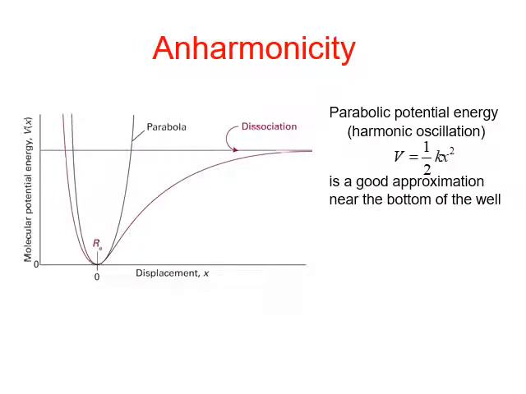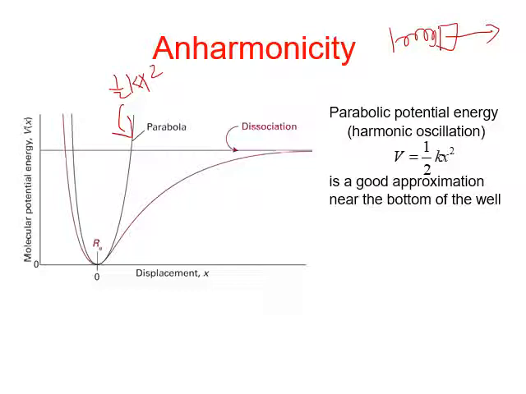So far we discussed chemical bond vibration under the harmonic oscillator approximation. The chemical bonds are thought of as springs that have a force constant and obey Hooke's law, and the potential energy is half kx squared, a parabola. You may have experienced that if you pull a spring too far away from its equilibrium position, it may lose elasticity and won't come back.